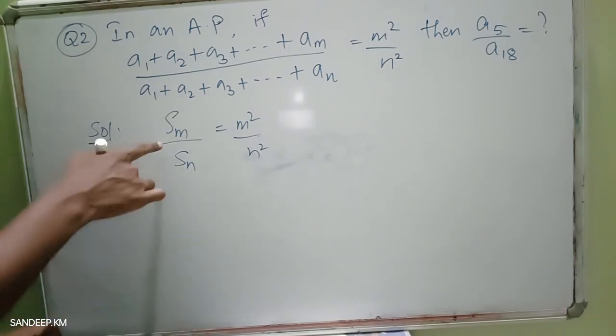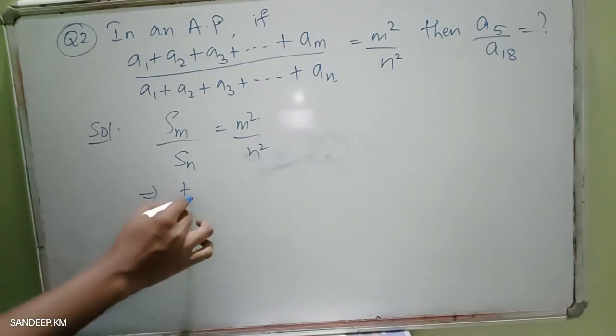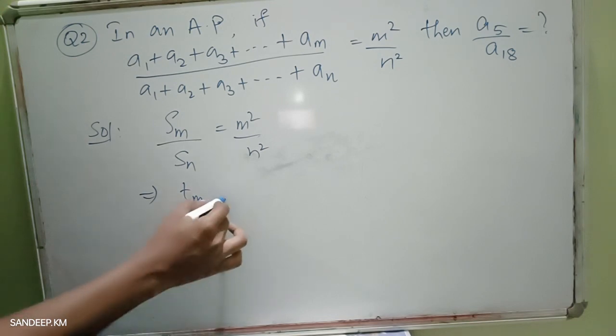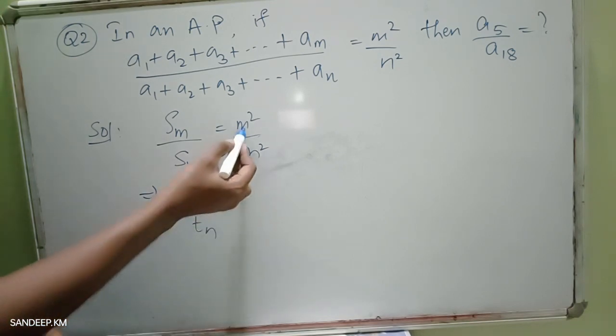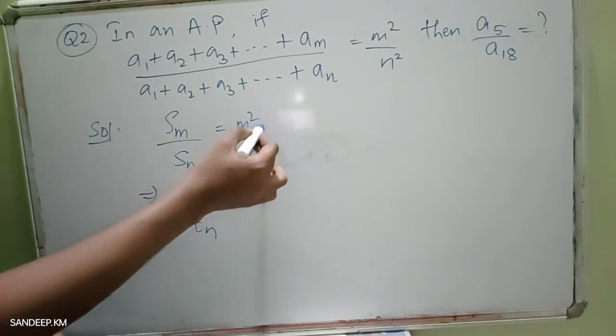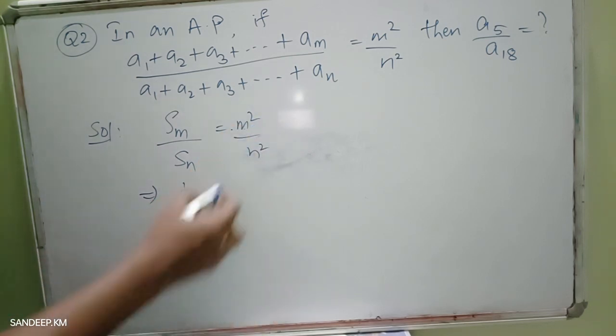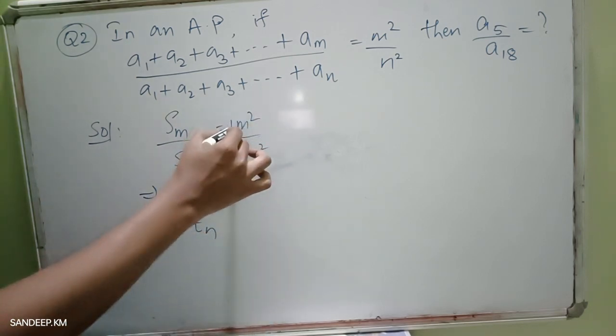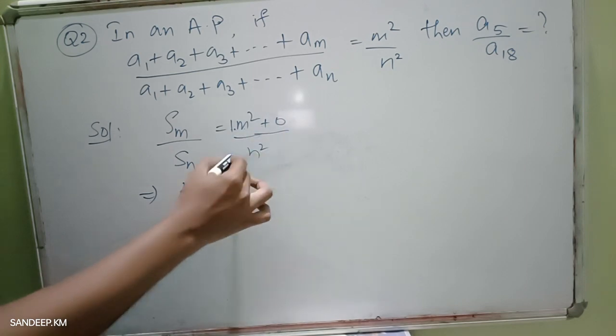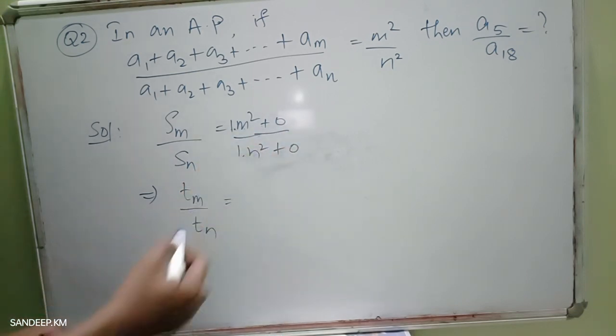In that case, using this, we can say that Tm divided by Tn is equal to what? First of all, the m² coefficient is a, which is 1, and the constant here is 0. So I can write it as (1·m² + 0)/(1·n² + 0).